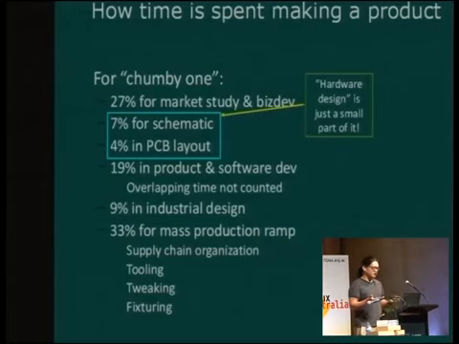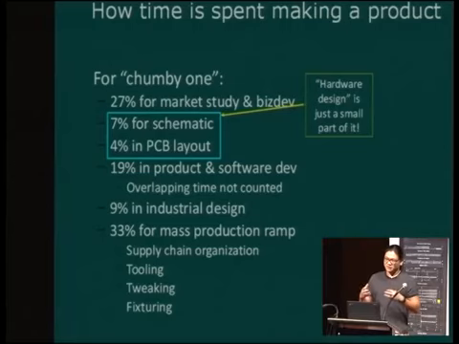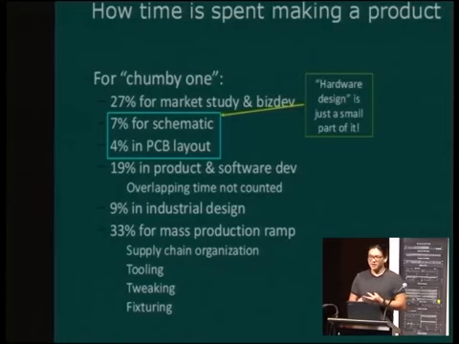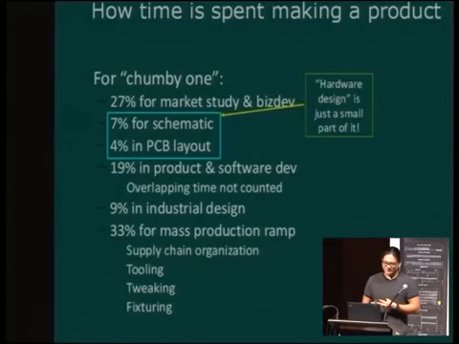It took about a year to do the product. I'd say about a quarter of the time was spent doing marketing and biz dev. These are emails to retailers, vendors, marketers saying, hey, would you like to have a $99 Chumby, and what would the features need to be? And then maybe only about 15% of the time was spent on actual hardware design, meaning schematic, PCB layout, and that sort of thing.